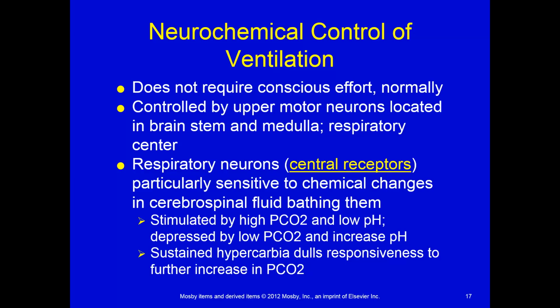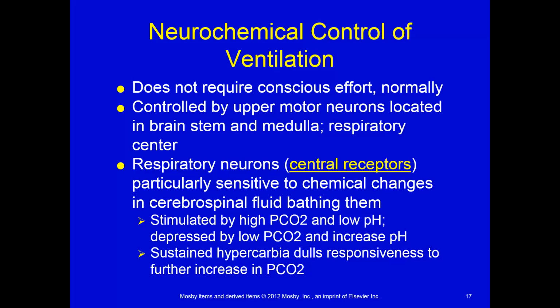Now, to be clear, these central receptors are stimulated by high partial pressures of CO2, so above this 40 millimeters of mercury. What do you think these central receptors are going to be stimulated to do if the partial pressure of CO2 is high? Breathe. Exhale, right? Get that CO2 off.